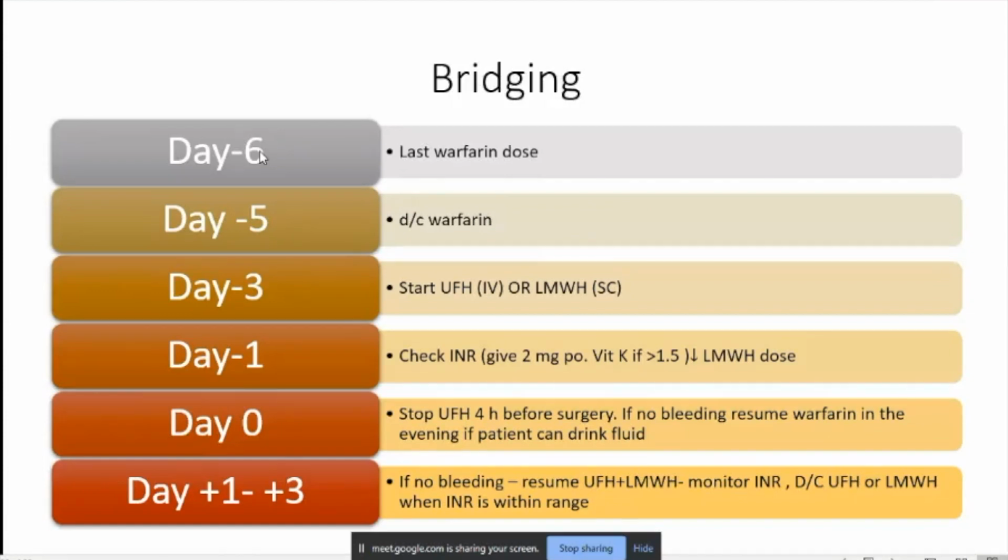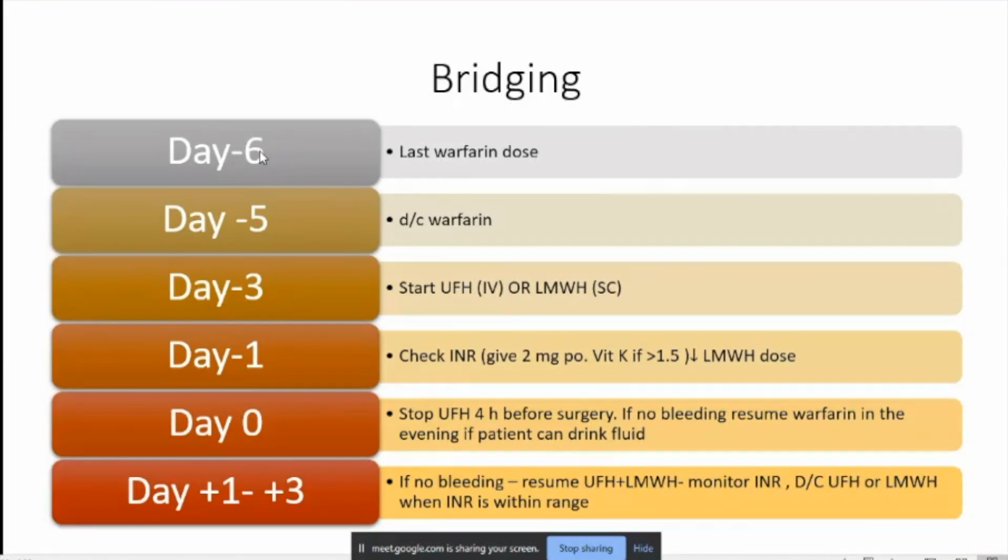One thing you have to remember: what if, instead of warfarin, we are starting the patient on dabigatran, like the new oral anticoagulants? If after the surgery, instead of warfarin, the physician decides to give the patient a new oral anticoagulant, in that case we don't have to resume the unfractionated or low molecular weight heparin.